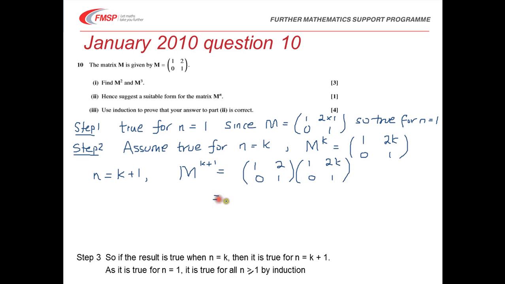And if you do that, hopefully you will see that we get 1 plus nothing, which is 1, 2k plus 2 here, 0 times 1 and 1 times 0 is nothing, and 0 times 2k plus 1 times 1 is 1. So in fact we can see that that is equal to 1, 2 lots of k plus 1, so it is exactly the same matrix, just replacing k by k plus 1, and so it is true for n equals k plus 1.